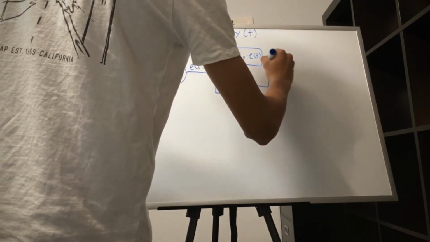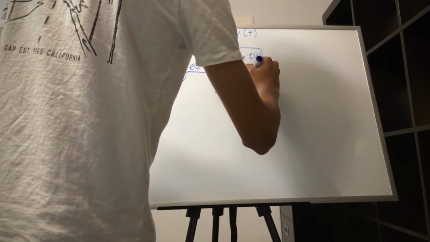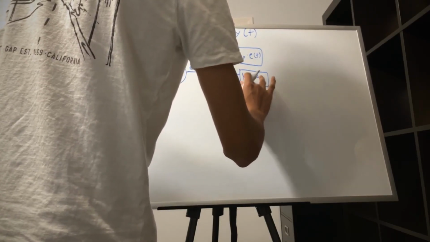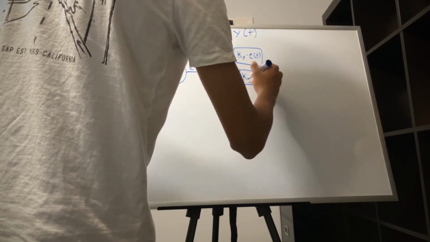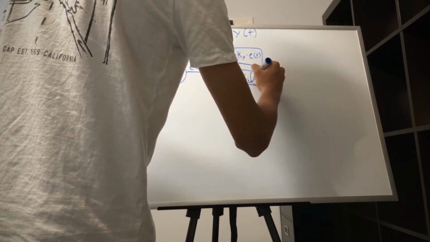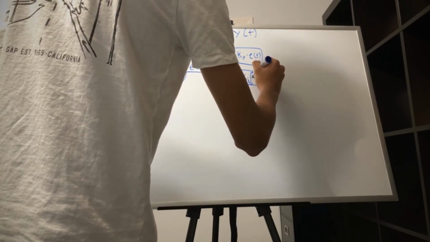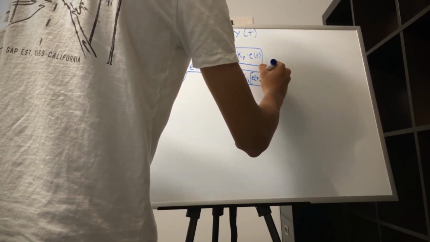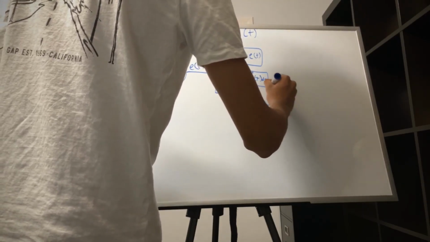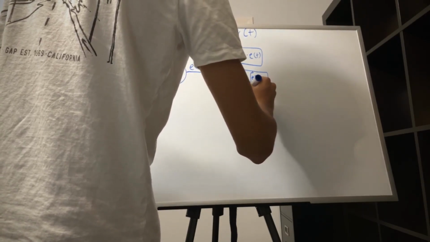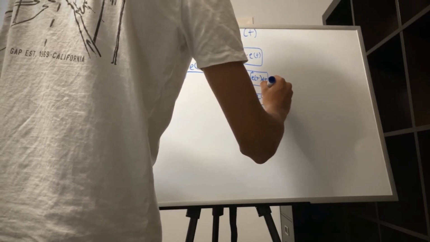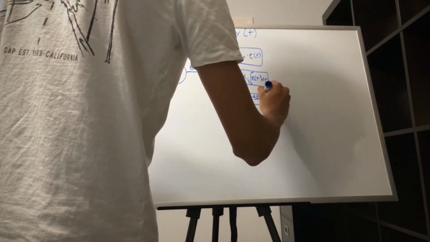Down here is going to be Ki times the integral from 0 to t of E of tau d tau, so summing up our past error. And then Kd times the rate of change of our error.